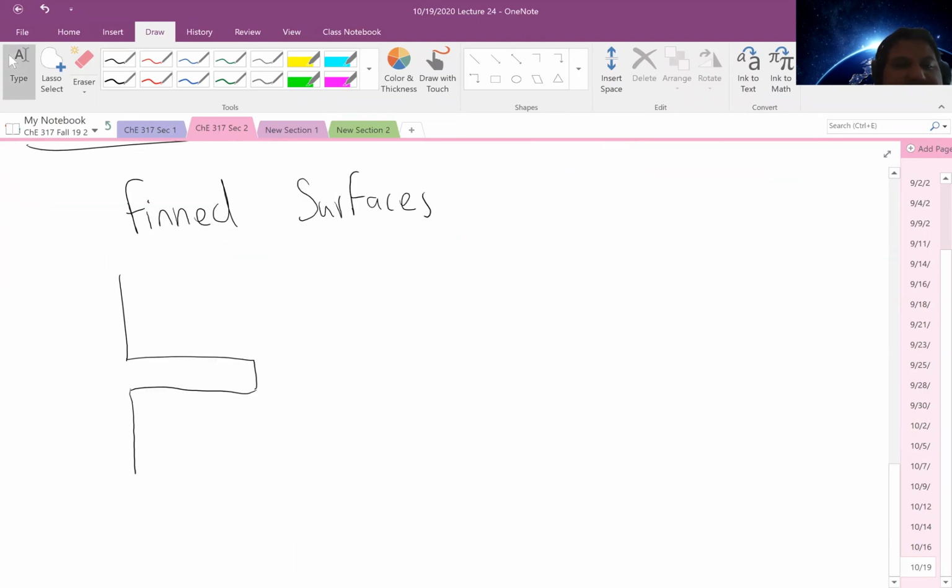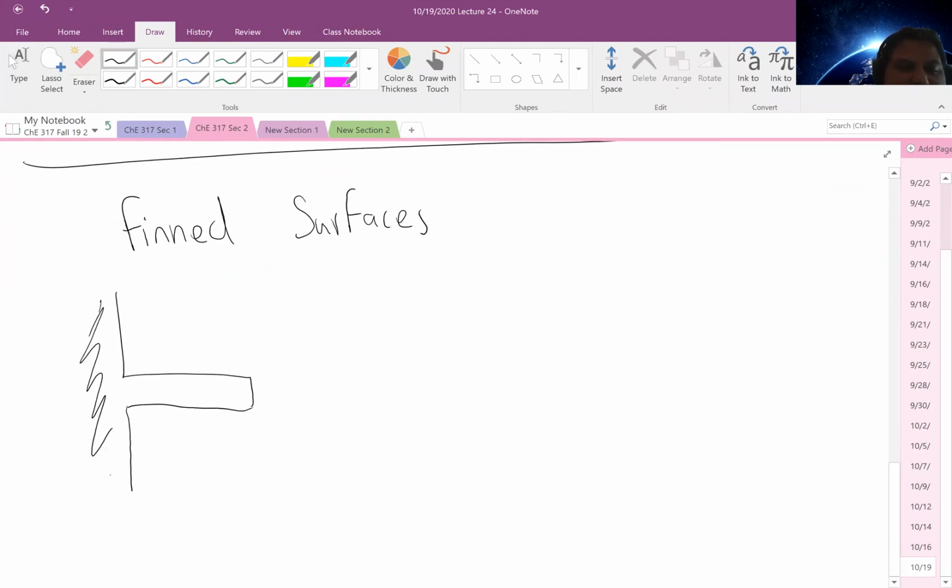Now, fins are typically made of materials that have high degrees of conductivity. What you're looking at is a comparison between the conduction through the base of your material along the fin length, as well as what we expect in terms of convection off of the fin.